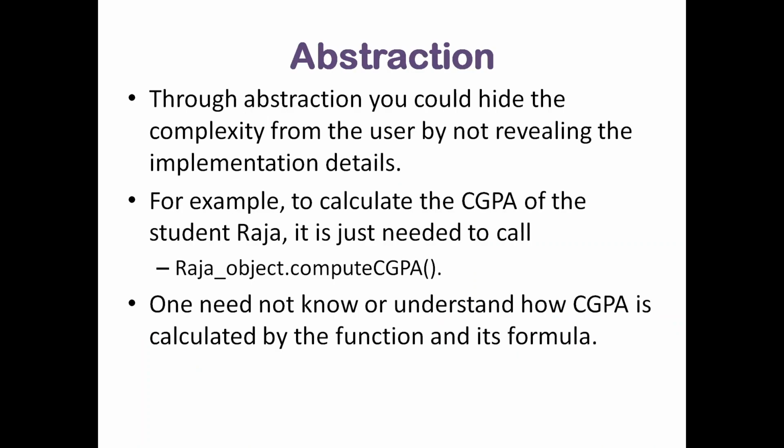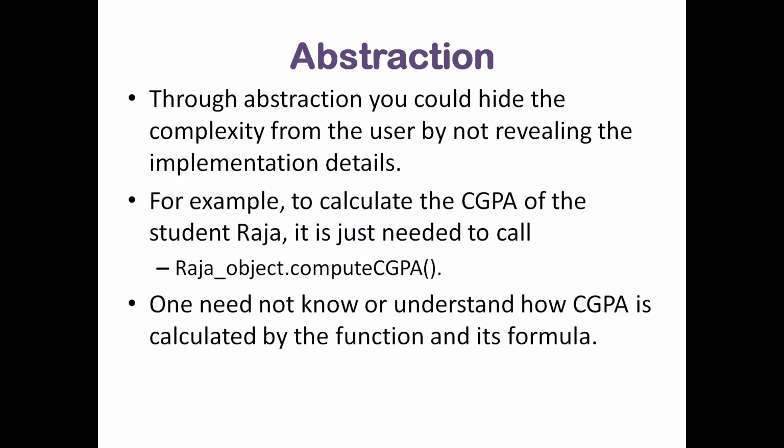The next related concept is abstraction. Through abstraction we hide the complexity from the user by not revealing the implementation details. For example, to calculate the CGPA, let's say we have defined a method called compute CGPA inside the class with the necessary logic.